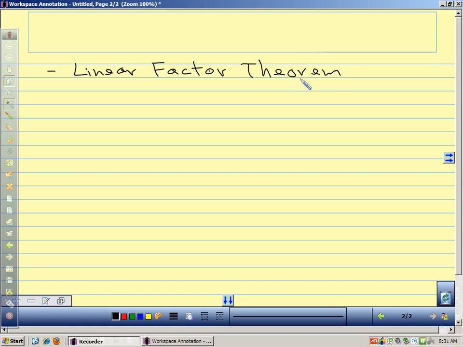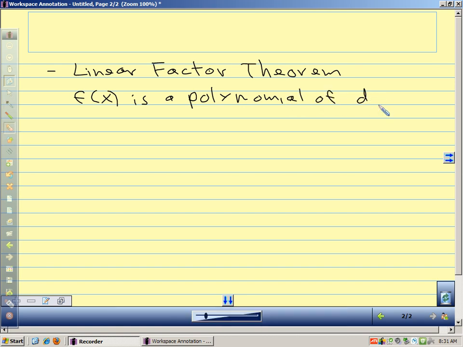The linear factor theorem says that if we have a polynomial function, just like we talked about in the fundamental theorem of algebra, and our degree is n, where n is greater than 0, we can factor into n factors.